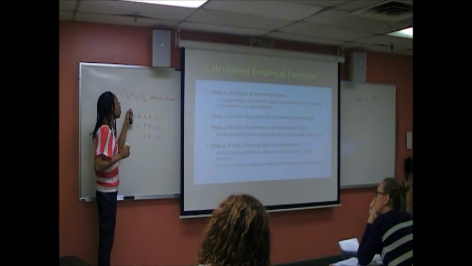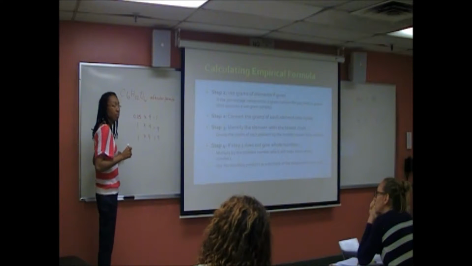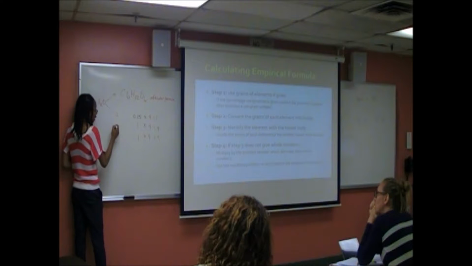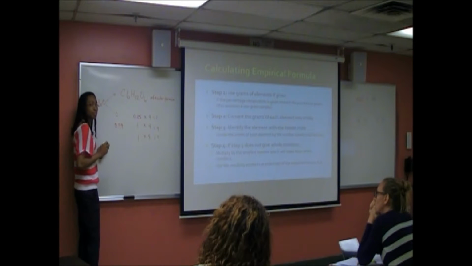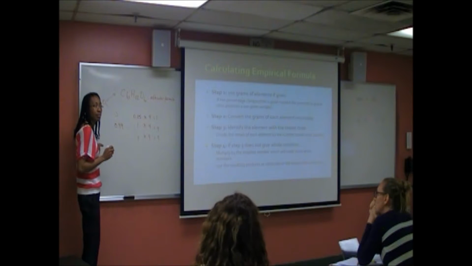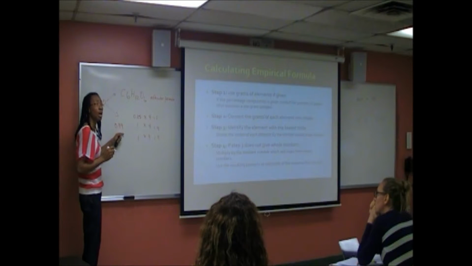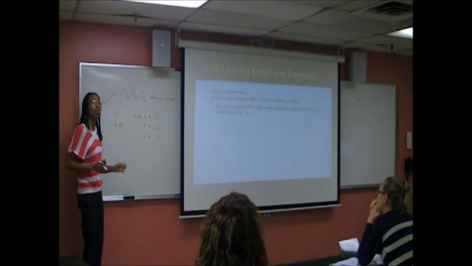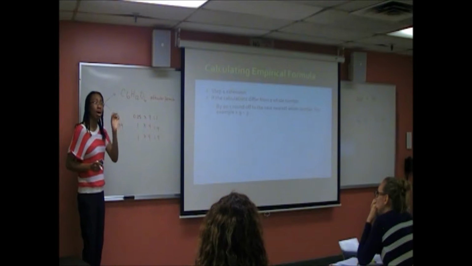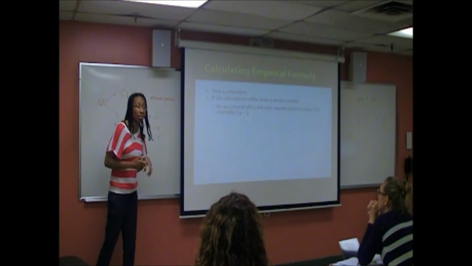Now, if you multiply by said integer, and you get something like 0.99, let's go to 1. So it's close. This is equal to 1. The only time you can round is if you are 0.1 away from a whole number. Now, keep this clear.